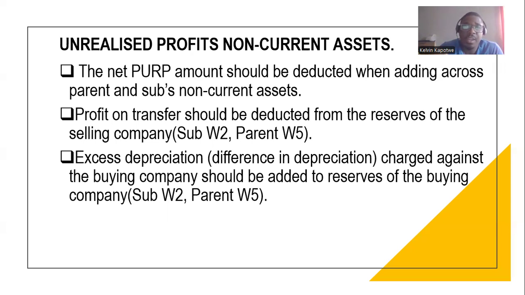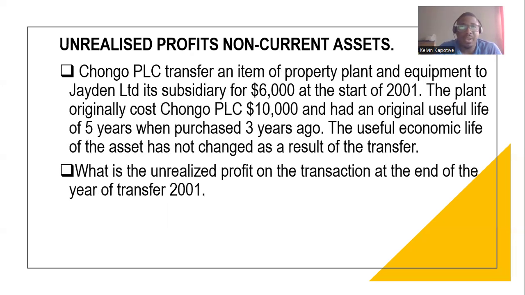If the receiving company was the sub, then in working number 2 at the reporting date, add back depreciation. If the receiving company is the parent, in working number 5, group retained earnings, add back the excess depreciation to reinstate that position. Okay, let's look at a question that we are going to close with.